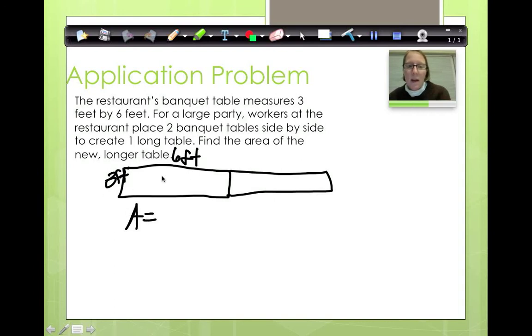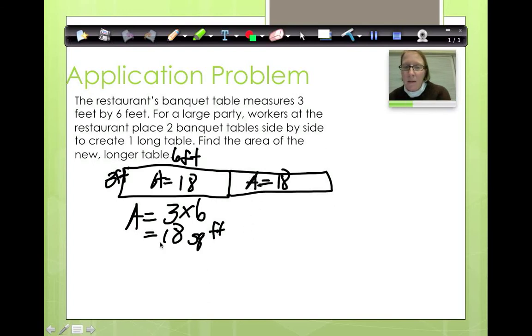Well, let's find that one. This one is 3 times 6. What is that? That is 18 square feet for 1. So if this is 18 and this is 18, let's add it up. 18 plus 18.